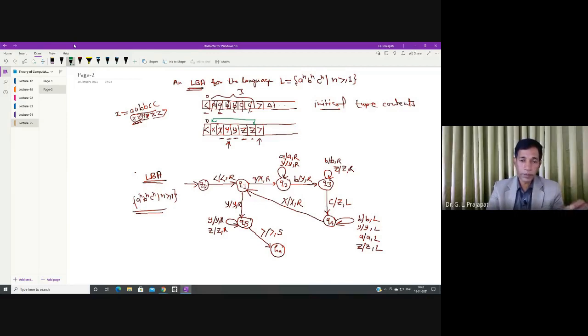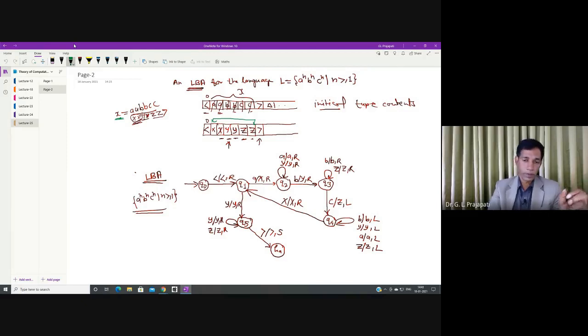So whatever the length of the input x, the region is bounded on the tape, and within that length your tape head is moving back and forth. You don't require more squares besides these squares, and that's why the regions are bounded.